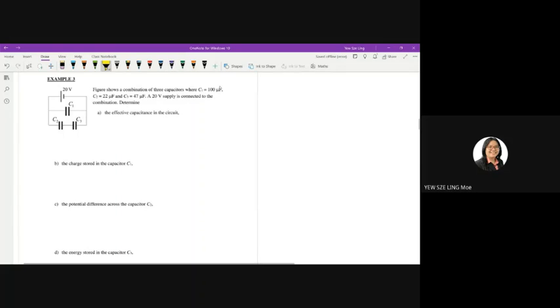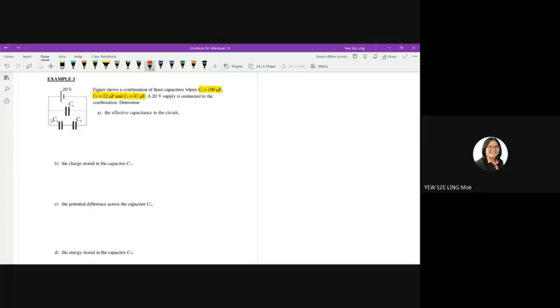So once again, you are given the values of 3 capacitances, meaning that you can use the same techniques to solve this question. You can start from the diagram given, simplify it, and then do a reverse process to identify all of the information. A 20-volt supply is connected to the combination, determine the effective capacitance in the circuit.